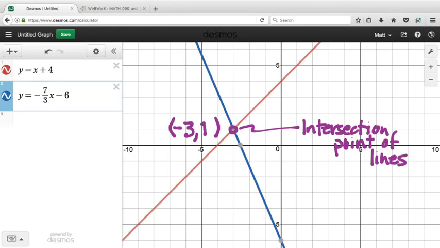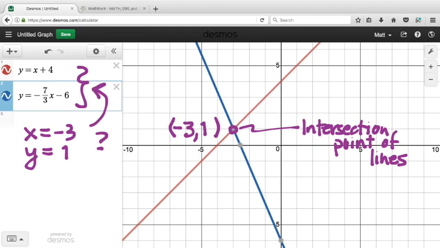We could, if we wanted to, take this guess, this hypothesis, and try to see if it's a solution by just plugging those numbers back into each of the equations and see if they satisfy not just one of these equations, but both of them at the same time.